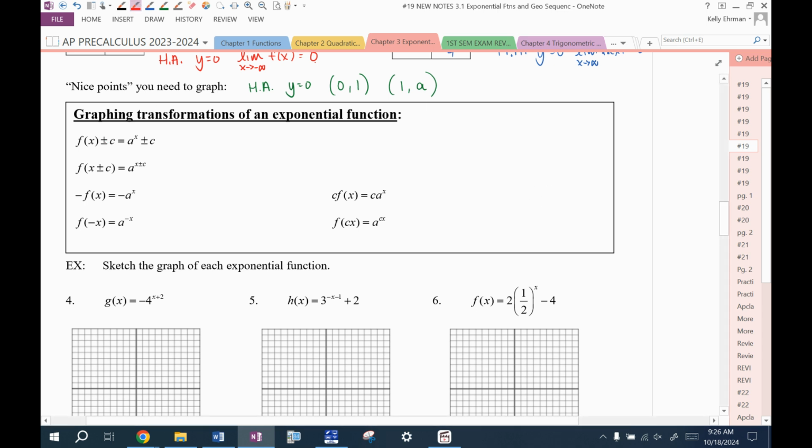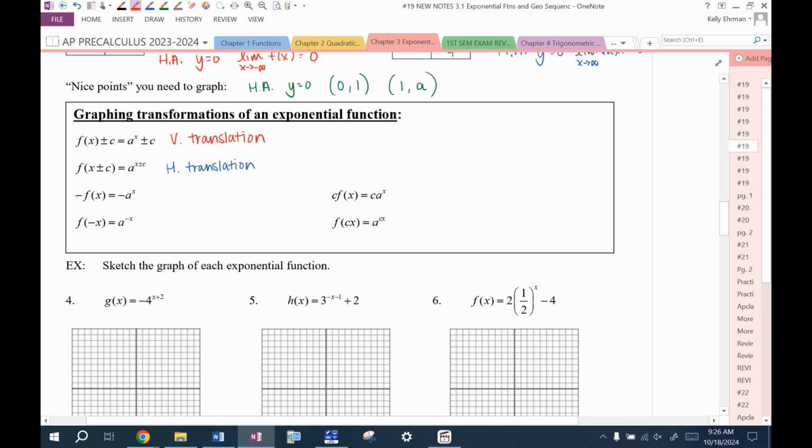So remember, anytime you add or subtract outside of a function, that is a vertical translation. So what does that look like? It looks like adding or subtracting a number at the end of or out in front of the exponential term. If you have addition or subtraction in the exponent, that's where you get a horizontal translation.